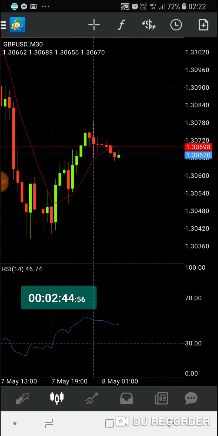Now, as I've already stated, M30 time frame, you must set your order on the last minute. You must set sell stop order first, and the entry points for all events is going to be 125 points.